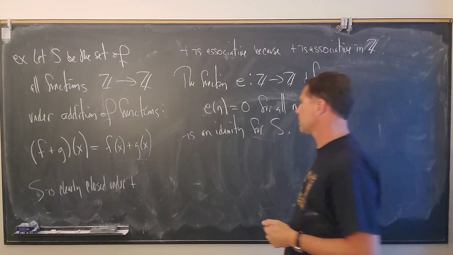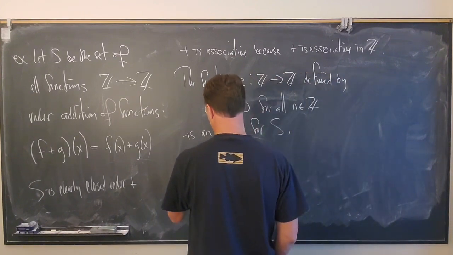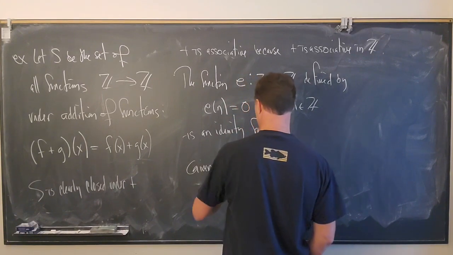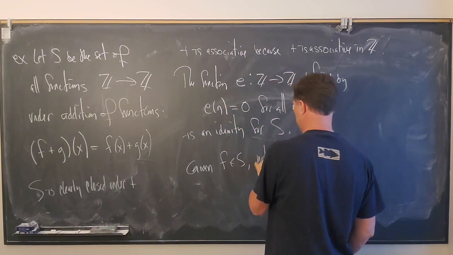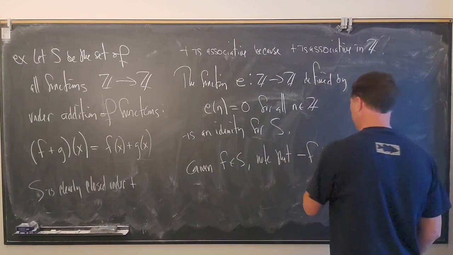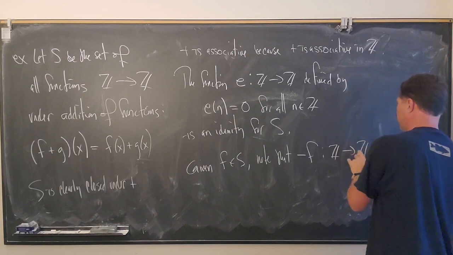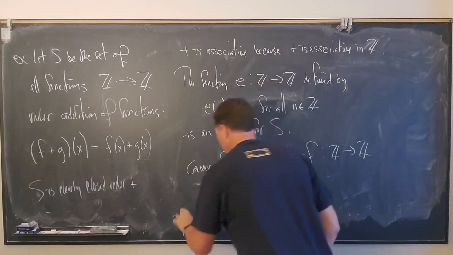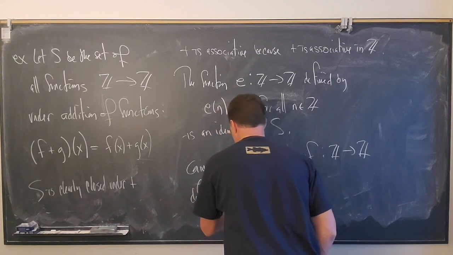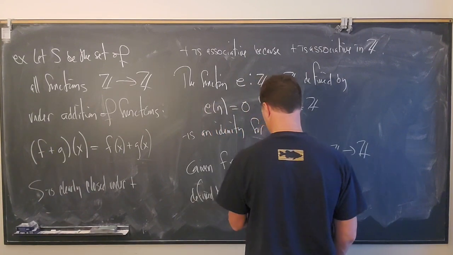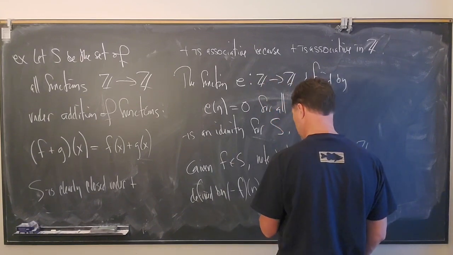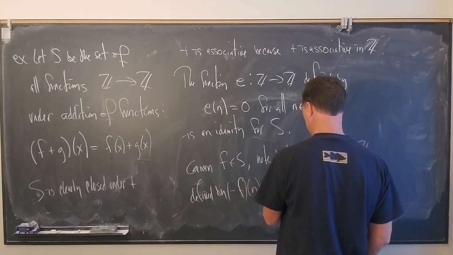And then inverses. Given, let's say, f in S, note that the function minus f from Z to Z, defined by minus f of n equals negative f of n.